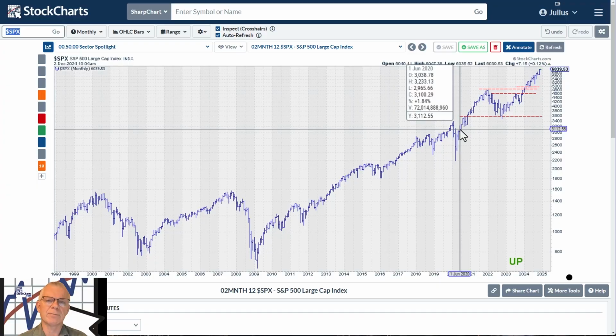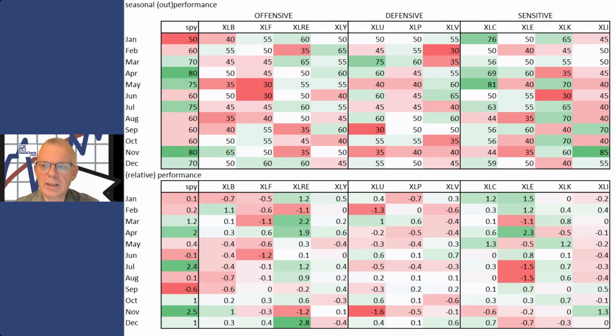And here is my seasonality spreadsheet with the seasonal outperformance in the top half and the relative performance of each sector in the bottom half, broken down by month. SPY, the S&P 500, is in absolute terms and everything else is in relative terms.